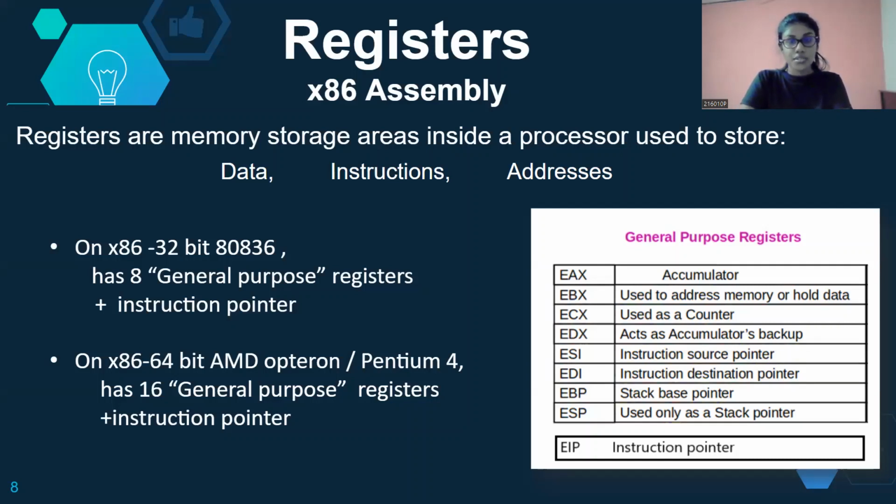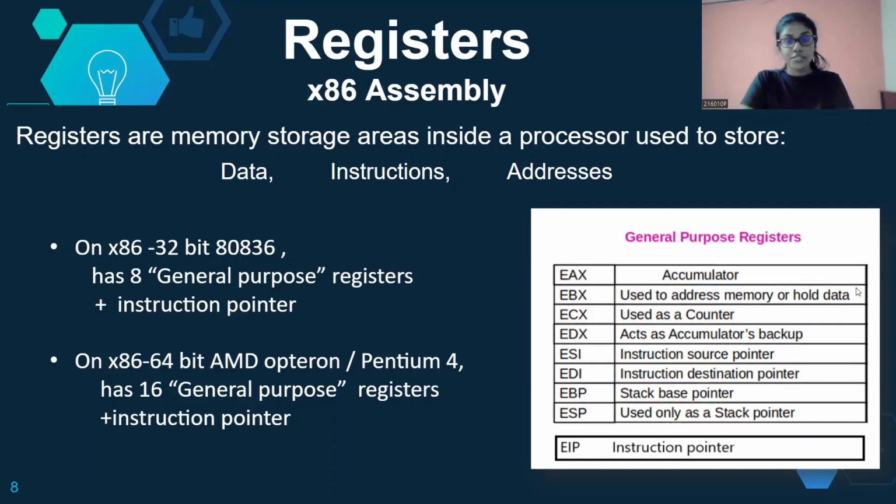In the case of Intel x86 architecture, there are two versions that can be mainly focused on. On 32-bit x86 systems, there are 8 general purpose registers and the instruction pointer. 32-bit registers are 32 bits wide. When they expanded it into 64-bit, they increased the number of general purpose registers to allow compilers to have more registers in which to manipulate values.